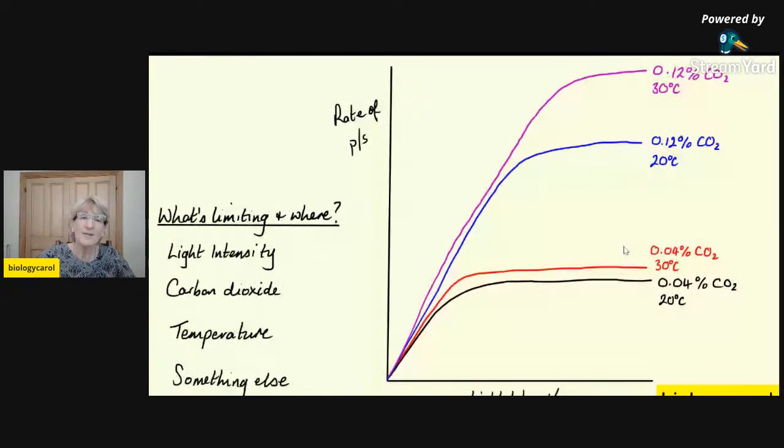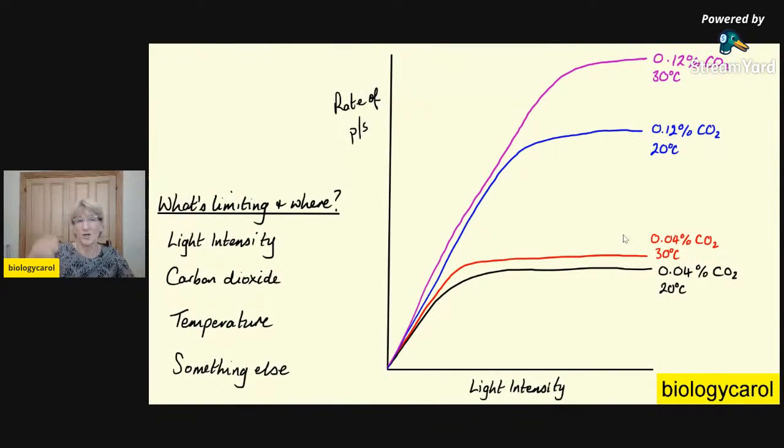Now, here is the graph that you might be shown in an A-level exam question, and you need to be able to decipher what is the limiting factor and where it is. So I'm going to go through that. Here we have a graph showing light intensity increasing, but several experiments have been done under increasing light intensity conditions.